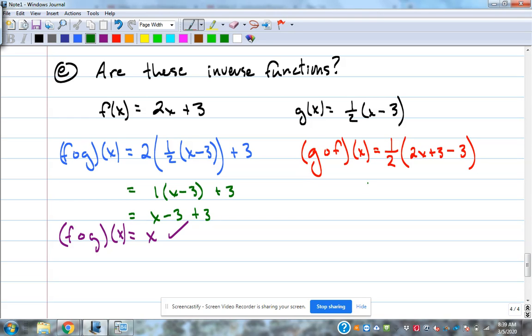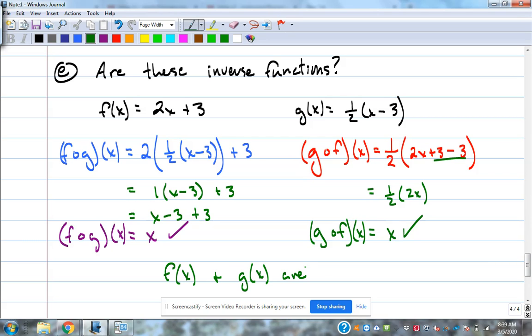And then I'm going to simplify the inside there. Those cancel each other out. 1/2 times 2x: half of 2x is x. G composed with f of x is x. It verifies in both directions. So f of x and g of x are inverses.